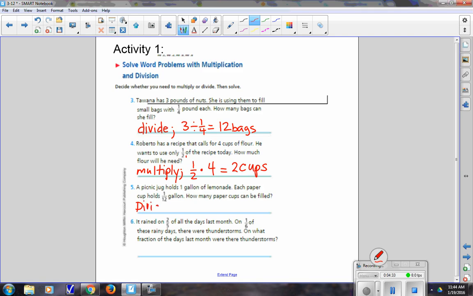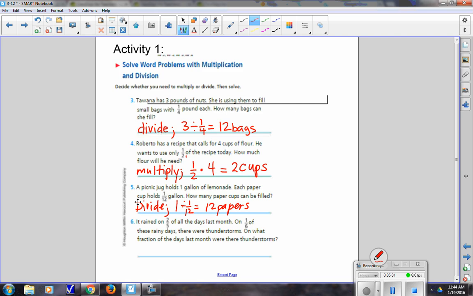We are dividing on this one because there's 1 gallon, and I want to know how many 12ths fit in there. These are not super hard because the overall picture here is distinguishing between multiplying and dividing. So they gave you some pretty simple numbers to manipulate.